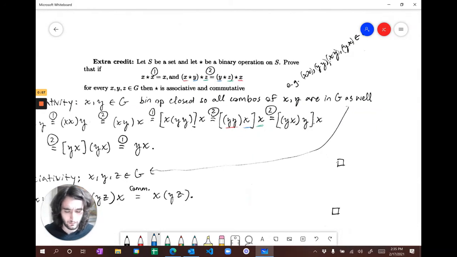Now wait a second. No, that's not what they did, sorry. They're looking just on the inside here. So that's red, blue, green, like that. So just inside these parentheses, they applied rule 2, which says that red, blue, green, like that, is the same as red on the outside, like that, and then blue and green on the inside, like that.